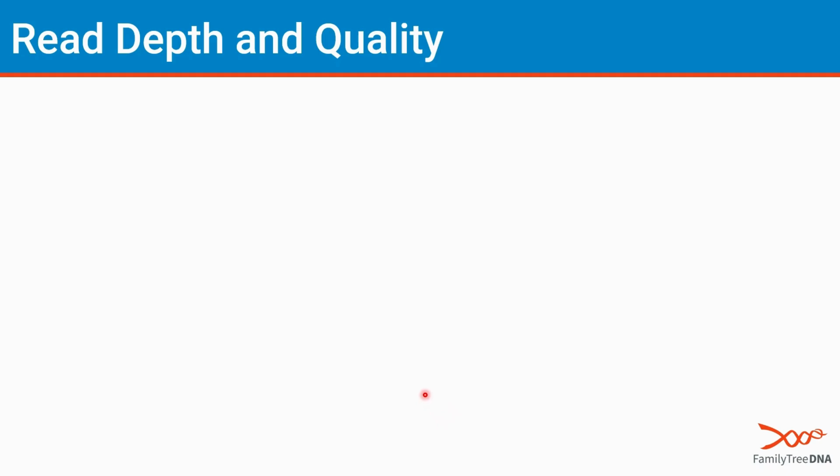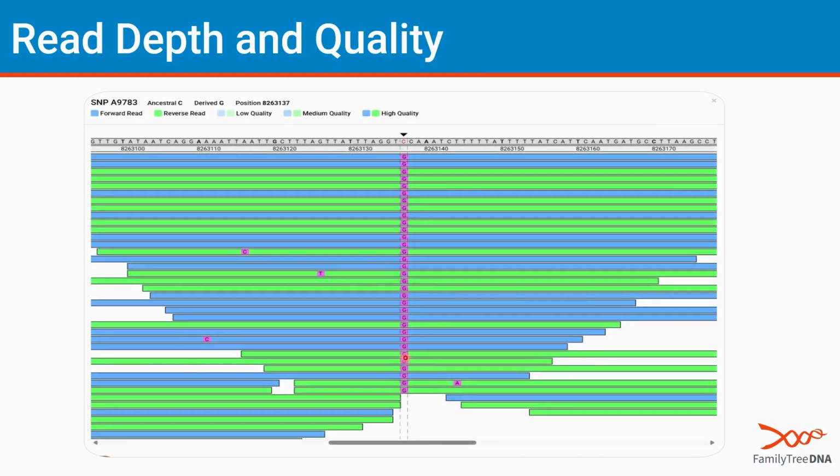So we're going to talk about read depth and quality. Read depth is the number of times a location has been tested. The deeper the read, the more accurate we are in it. Quality we'll talk about in a moment, but one thing I'd like to point out, just because this can be a lot of information, is that you'll see that they're in two colors, red or blue, and that's just a forward read or a reverse read.